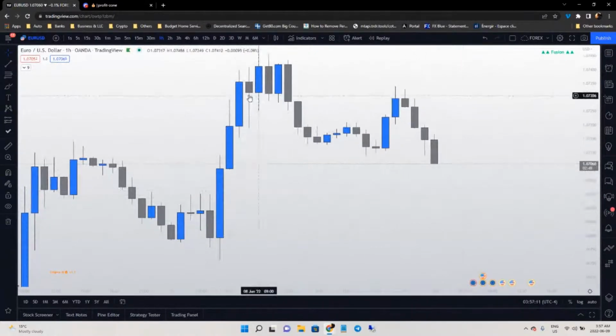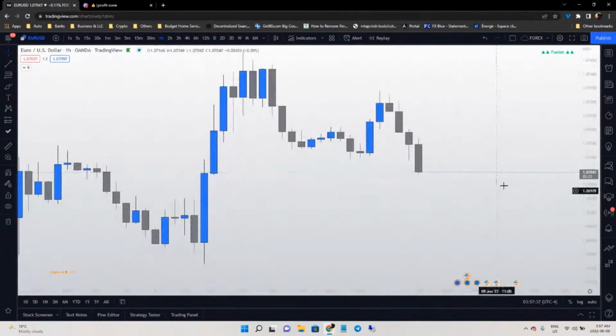And like I said, structure. When you see that type of structure, you know that they need to go back and fill that up. Especially if you see that pattern here. So you have a downward candle and then a push up. You need to fill that up. Okay. So before going really on an uptrend.